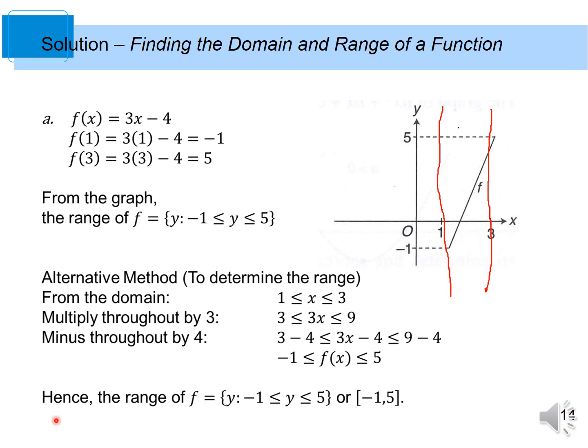Just for example, y is less than 5 and greater than or equal to -1. So if you want to use the bracket system, -1 is included, but 5 is excluded, so a round bracket.